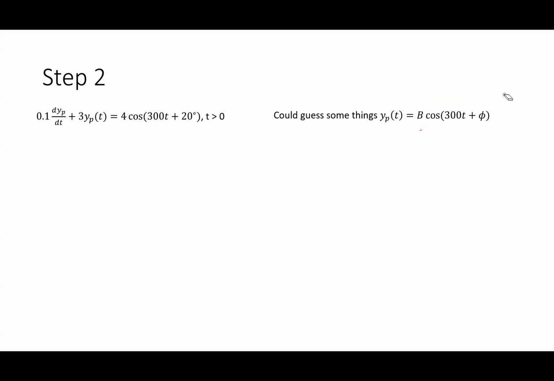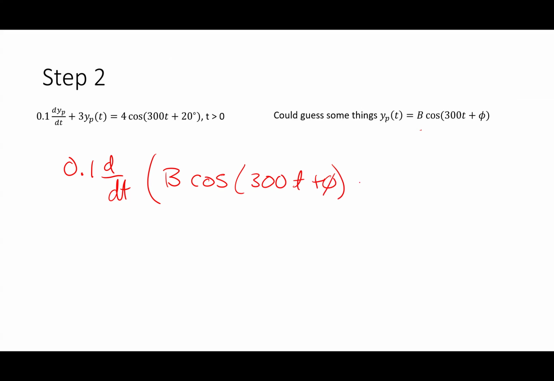And it turns out to be a much, much simpler way to go. But if I had this, I would guess b cosine 300t plus phi. If I guessed that, so I have 0.1 times d by dt of what with that guess? So the derivative of this guy, right, plus 3 times that is all got to be equal to this.